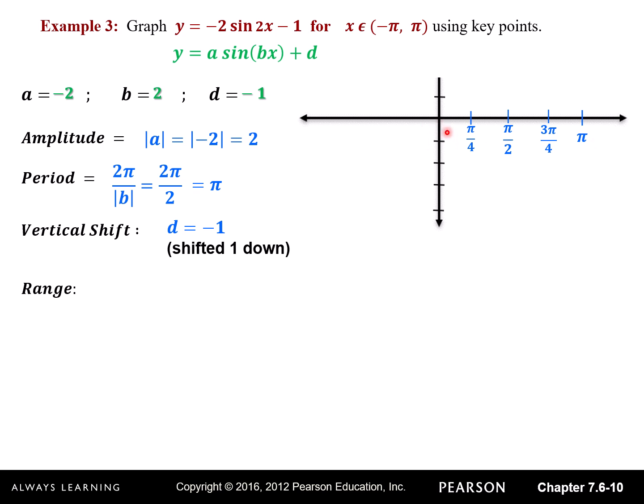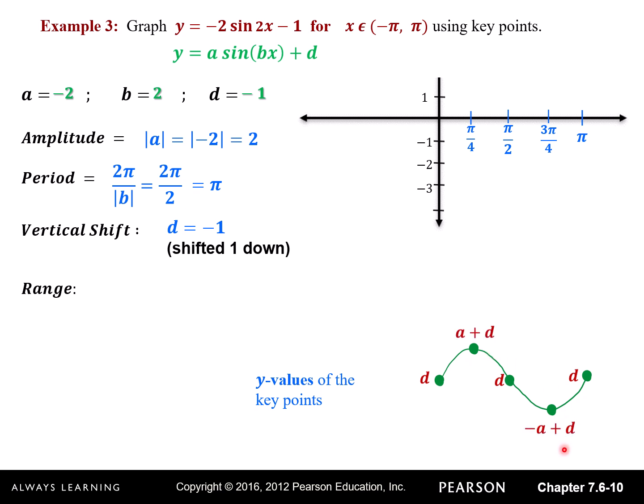So now let's plot the intervals for the y-axis, and then let us create a sine wave to get the y values of the key points. So this is the sine wave, and the middle points are the values of d, and then the maximum value is a plus d, and the minimum value is -a plus d.